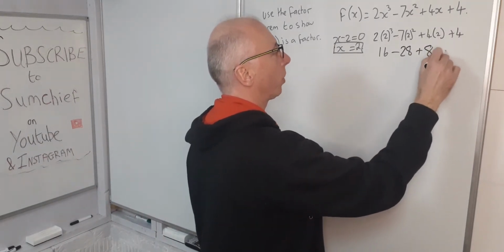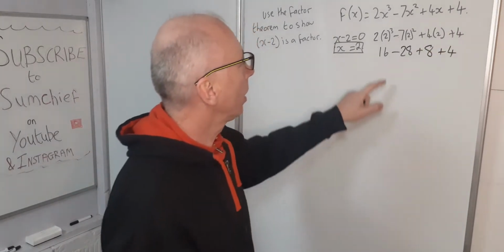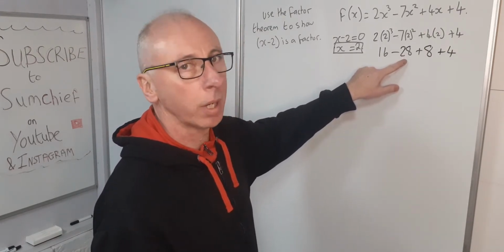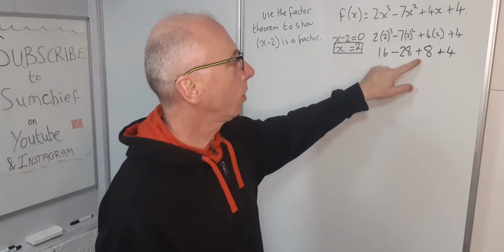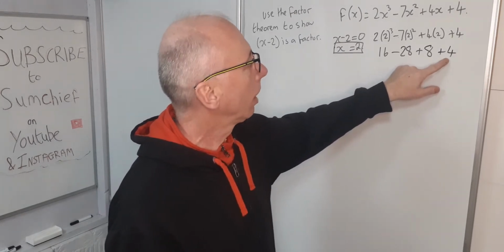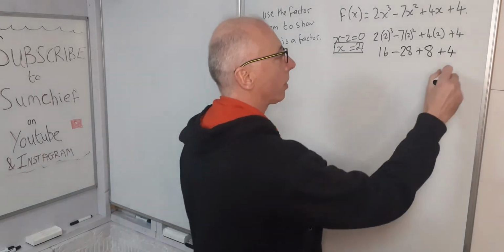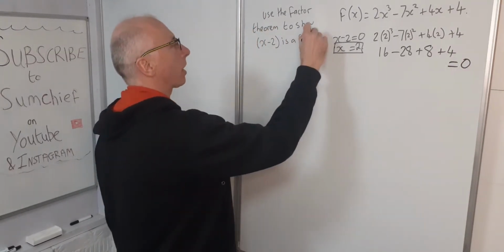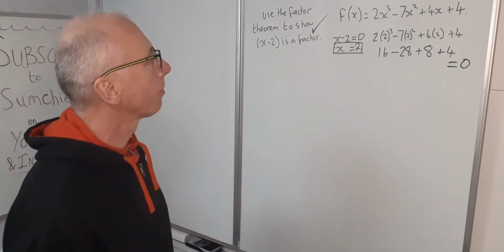And then plus 4. Okay, so 16 minus 28, that's minus 12. Plus 8 is minus 4. And plus 4 is 0. So this equals 0. So therefore we've shown that x minus 2 is a factor.